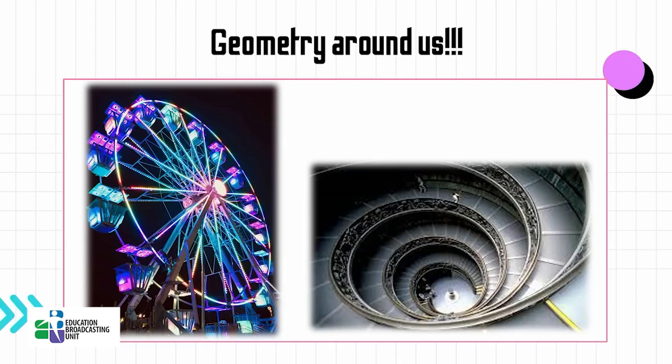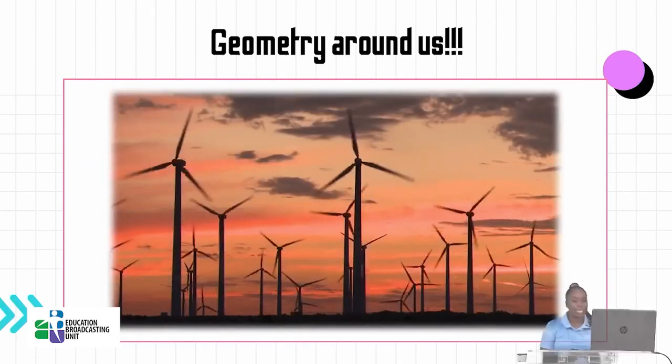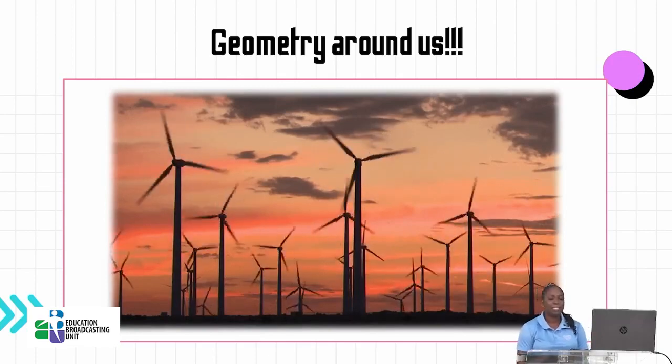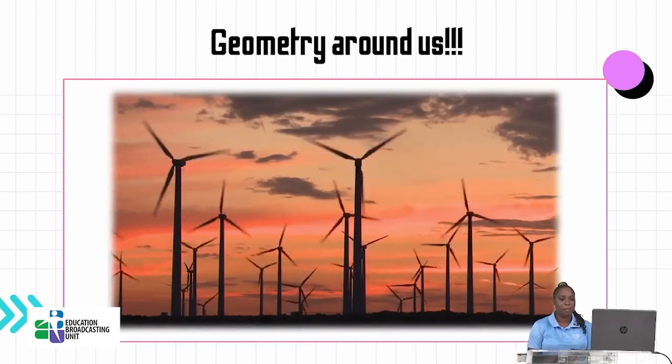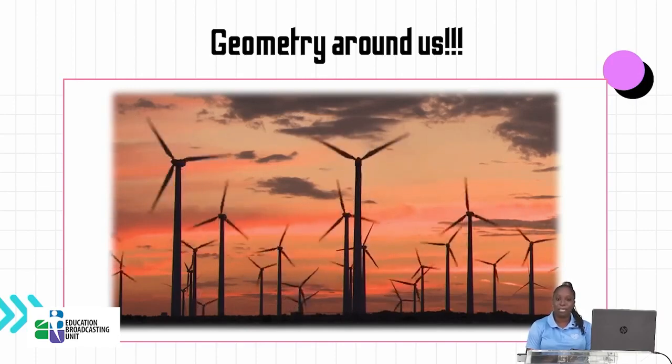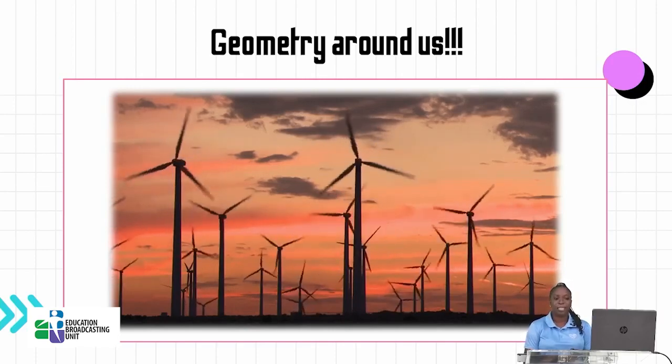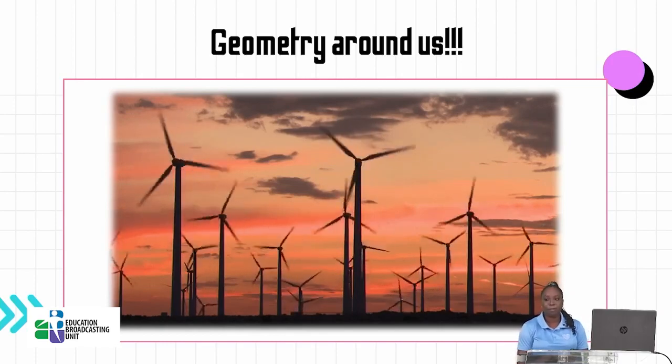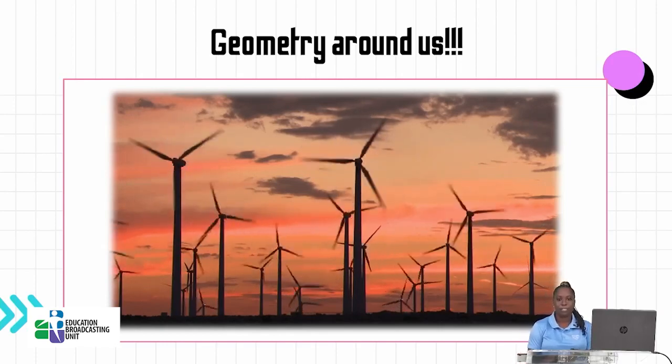How about a spiral staircase? Well, these are some examples of rotation. In times past, we used to see windmills around, but with the advancement of technology, we can now see wind turbines. These are also examples of rotations around us.